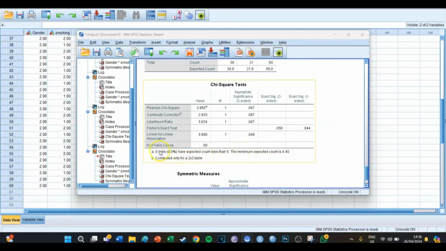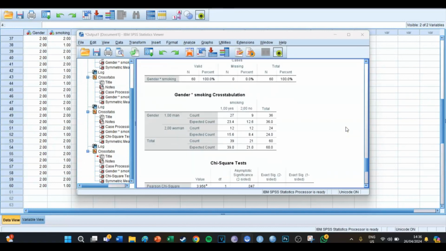Important to know is that 0 cells have, if you look at the bottom, you can see that 0 cells have expected count less than 5. The minimum expected count in this case is 8.4, because if we took a look at the frequency table, we could see that the lowest expected count is women who don't smoke, and the expected count would be 8.4.